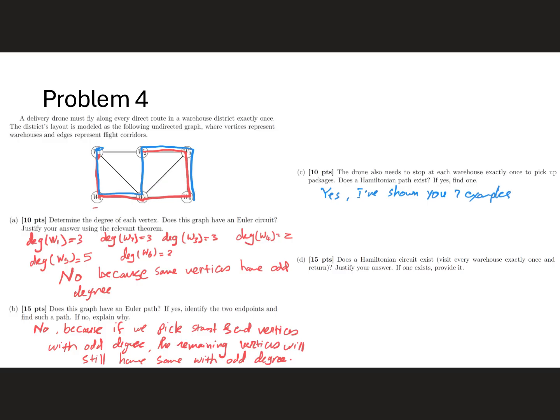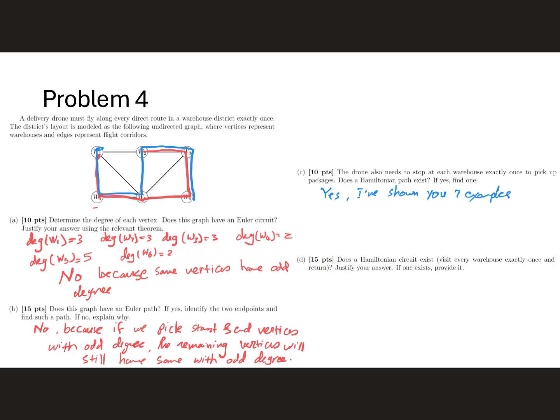Okay, but that's enough. Does a Hamiltonian circuit exist? Visit every warehouse exactly once and then return to where you started. And the answer is yes, right? Remember, there were a couple of theorems for Hamiltonian circuits. So one of them says that if you have n vertices, then each vertex will have a degree greater than or equal to n over 2.